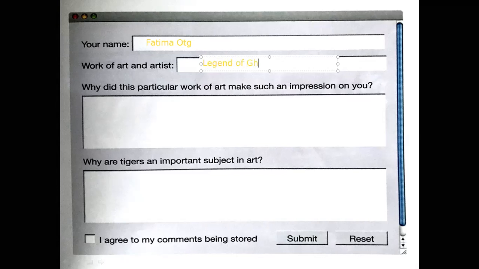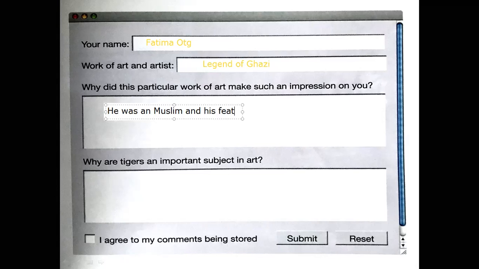Legend of Ghazi. Okay, Legend of Ghazi, which is in black color. So why did this particular work of art make such an impression on you? For example, for me, he was a Muslim, and his feature was attracted by a tiger. Indians.